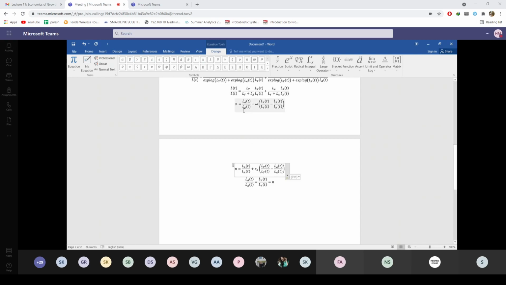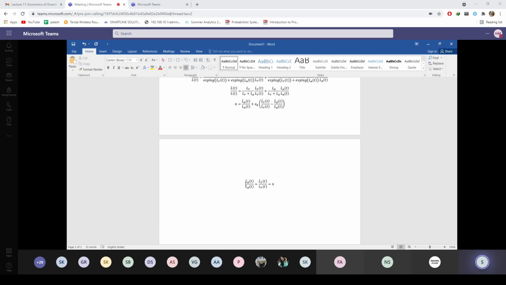And according to my definition, SR equals this. So if I divide, it is SR, it is 1 minus SR.